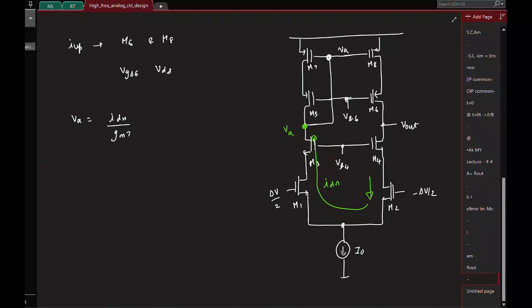Okay. So now I up will have contribution both due to gate to source and drain to source. So what is the contribution from gate to source? That is basically GM of this transistor times the gate to source voltage we have. That is basically GM8 times Va, which is I down by GM7. Both sides are identical, so this is basically I down.